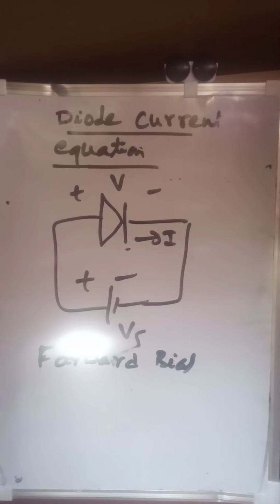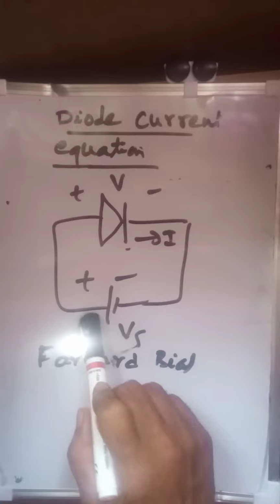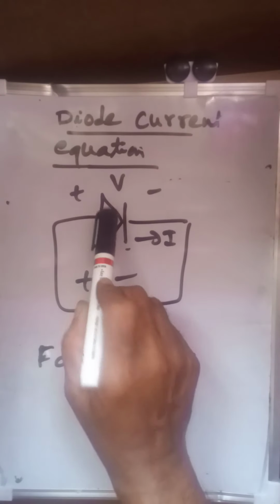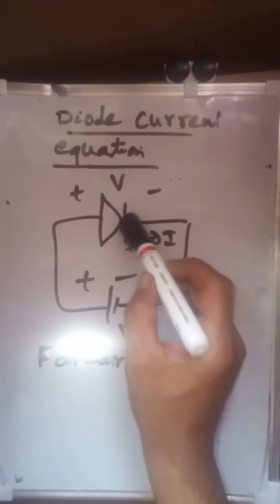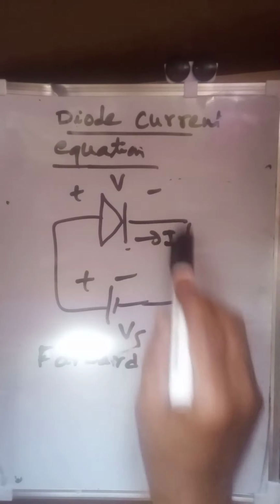In forward bias, the positive terminal of the battery is connected to the P side, and the N side is connected to the negative terminal.